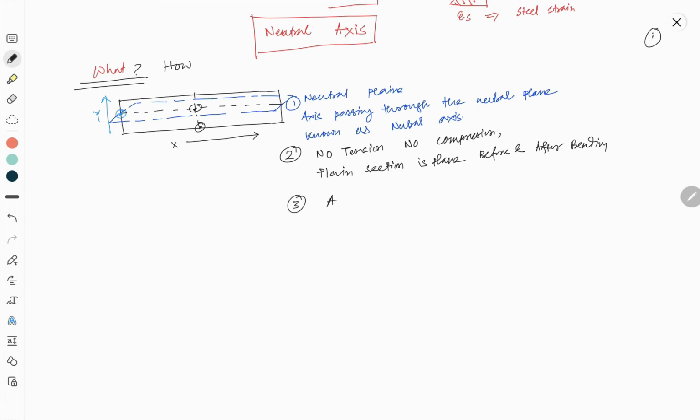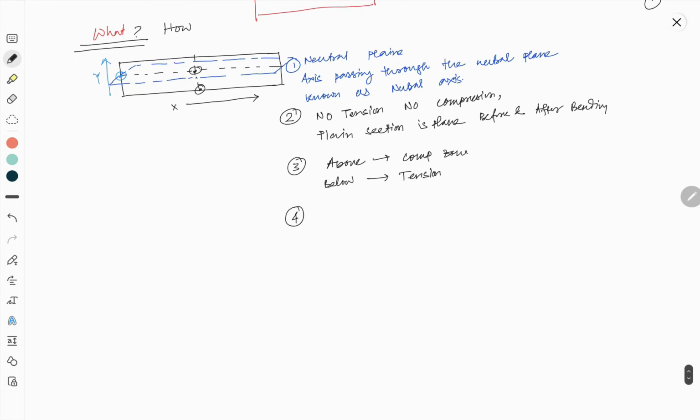Above this section is the compression zone. Below this section is the tension zone. But the position of this section may vary with the quantity of steel as well as concrete. So this is all about the neutral axis.